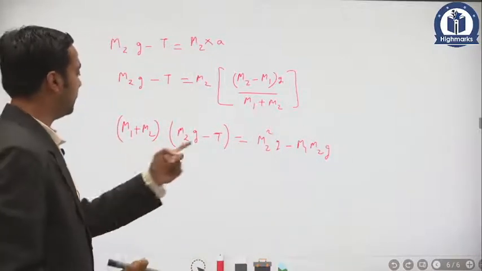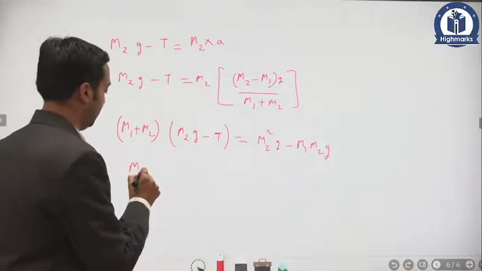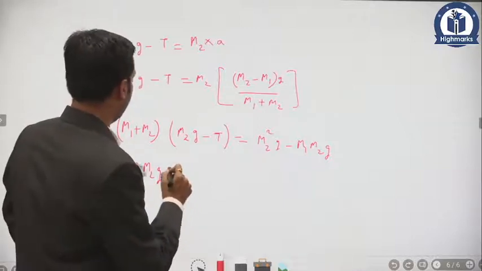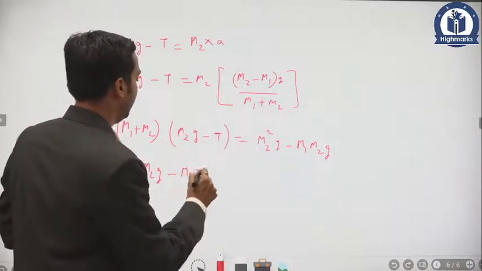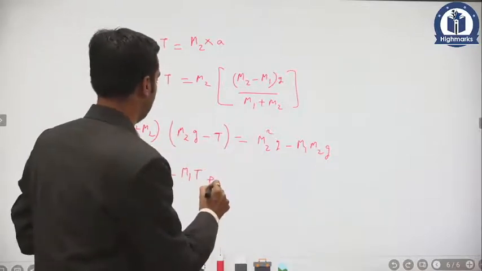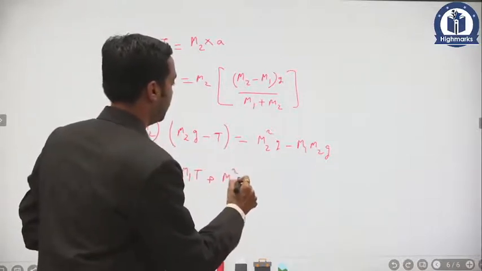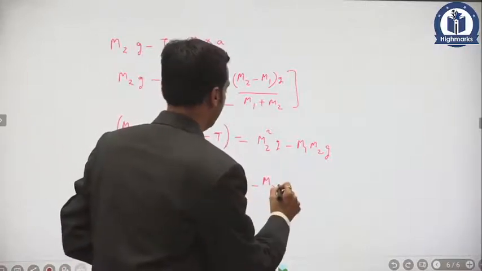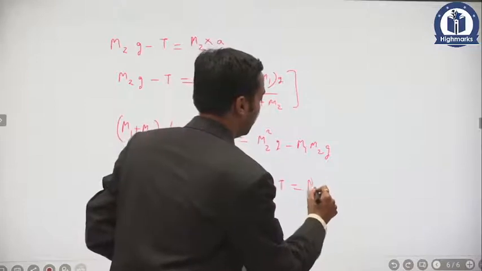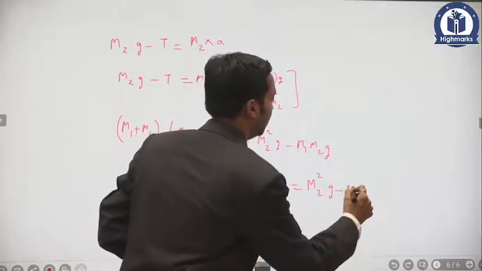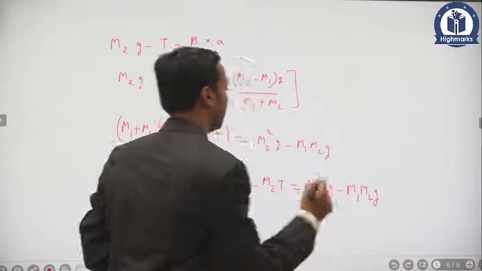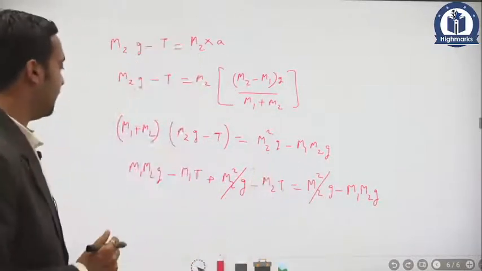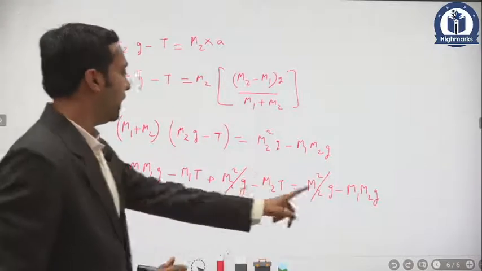So now again multiply this term, so we have M1 M2 g minus M1 T plus M2 square g minus M2 into T, and here we have M2 square g minus M1 M2 g, right? So this term will cancel out here, this M1 M2 g and minus this M1 M2 g.